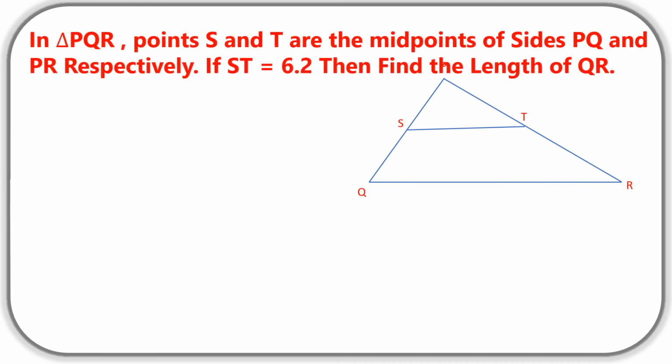In triangle PQR, points S and T are midpoints of sides PQ and PR respectively. If ST is equal to 6.2, then find the length of QR.